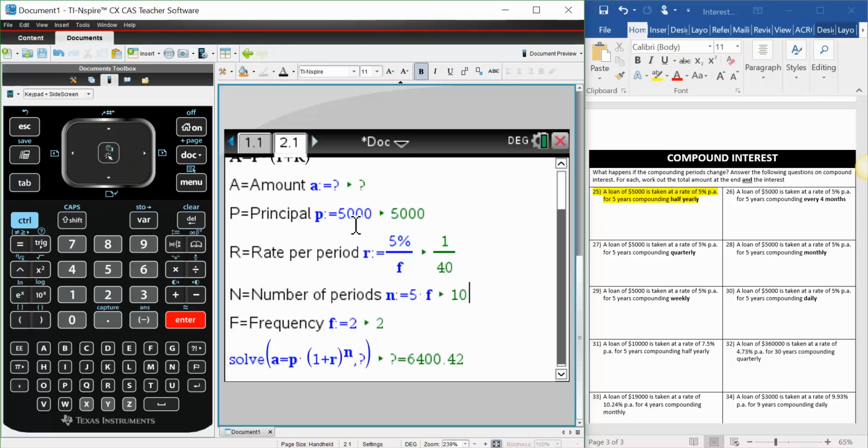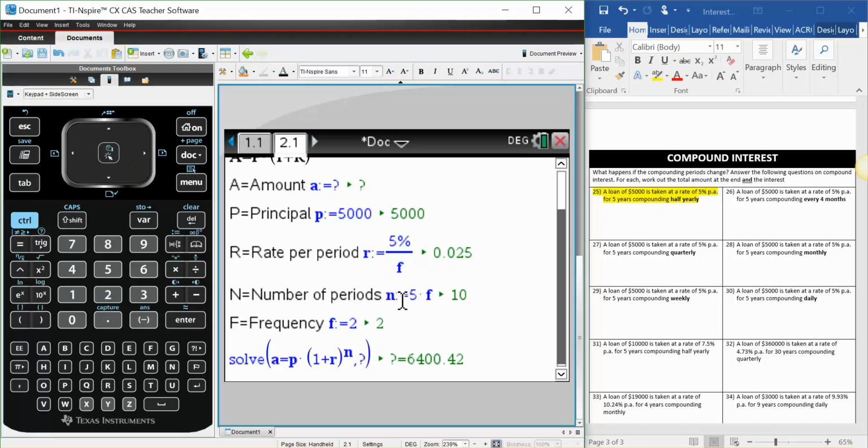So a quick recap of what we've just done. We put in all of the information from our question as per normal. However, because it's compounding half yearly, we added the frequency, being the amount of times it's compounding each year. So in this case, it's 2. And we needed to change the interest rate per annum to whatever the interest rate is per period. So 5% divided by the amount of periods gives us that.